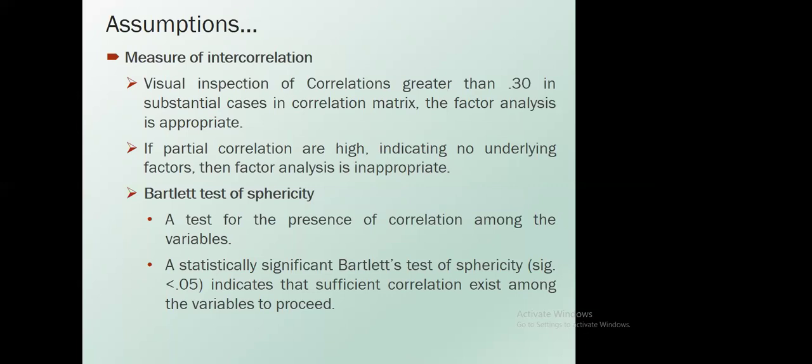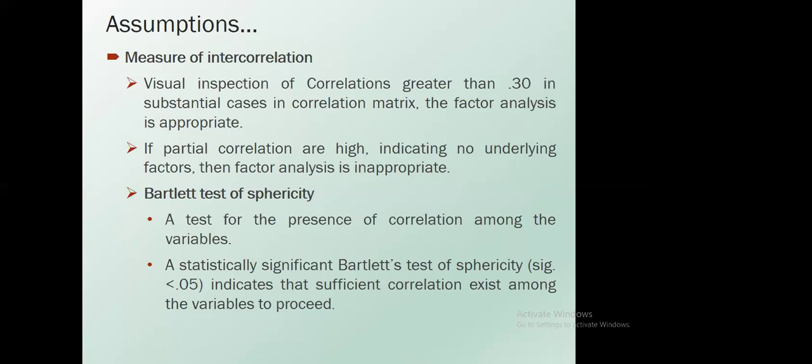Now, coming back to Bartlett's test of sphericity, the null hypothesis is that the correlation matrix is an identity matrix. Identity means that the diagonal would be 1. What does diagonal mean here? For a correlation matrix, the diagonal would mean the correlation of a variable with itself, right?